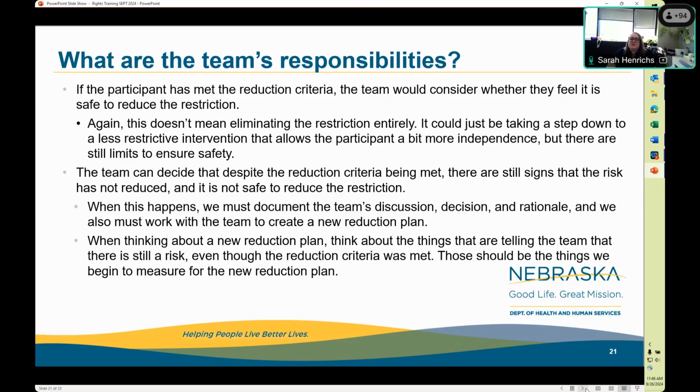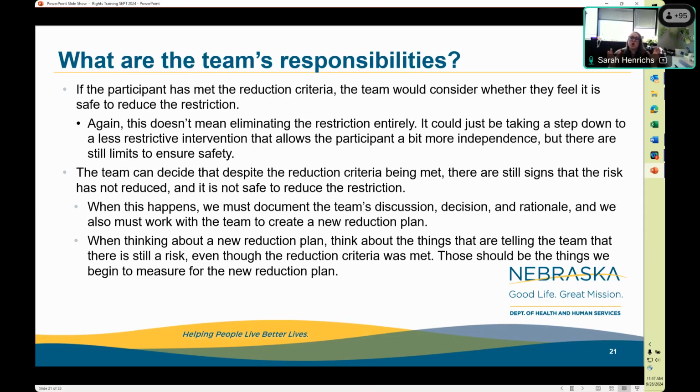When this happens, we can't just, and that's something else that we have seen in plans, is that they met the reduction criteria and the team said, we still don't feel it's safe, but they left those same reduction criteria in place. We can't do that, because the reduction criteria is supposed to be what the world looks like, what we can measure, what we can see, what we can hear, where it's safe for this restriction to be reduced.